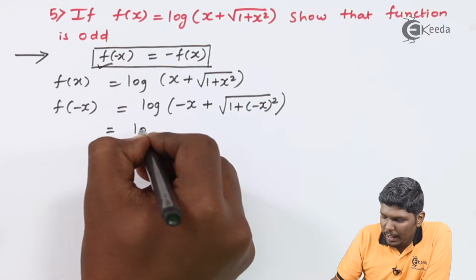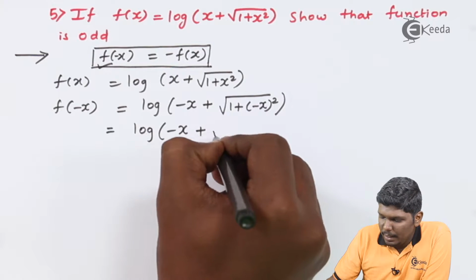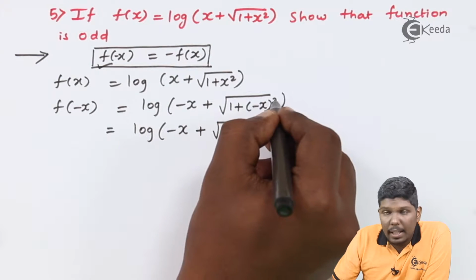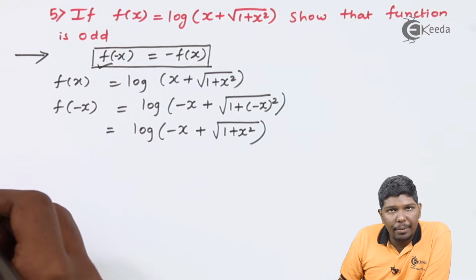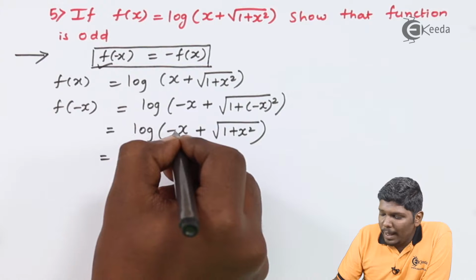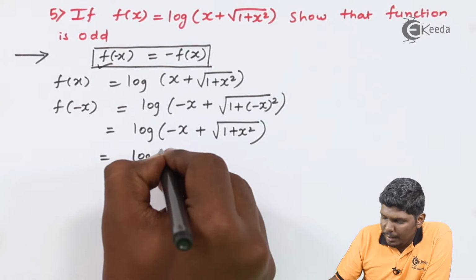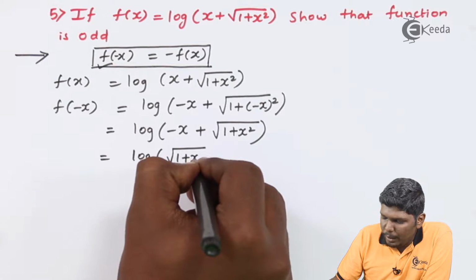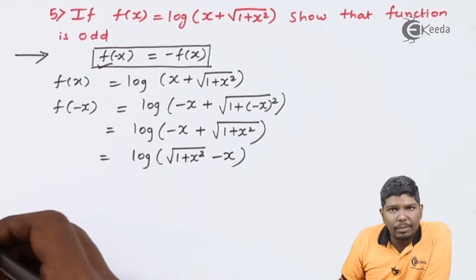Further solving, minus x square is nothing but x square, but still there is no minus sign coming outside. So we can write this as log of under root 1 plus x square, the positive part I have written at the start, minus x as it is.